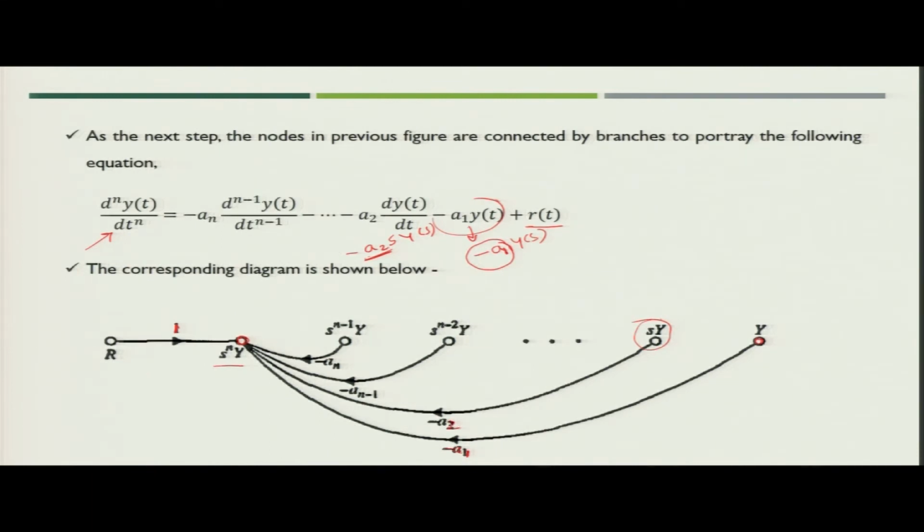So, you got minus a_2 as the connection, and similarly you connect all of them. What you get finally is that s to the power n Y is nothing but R minus a_n s^(n-1) Y minus a_(n-1) s^(n-2) Y, and so on up to minus a_2 sY minus a_1 Y. So, this particular figure represents the differential equation which we just wrote.